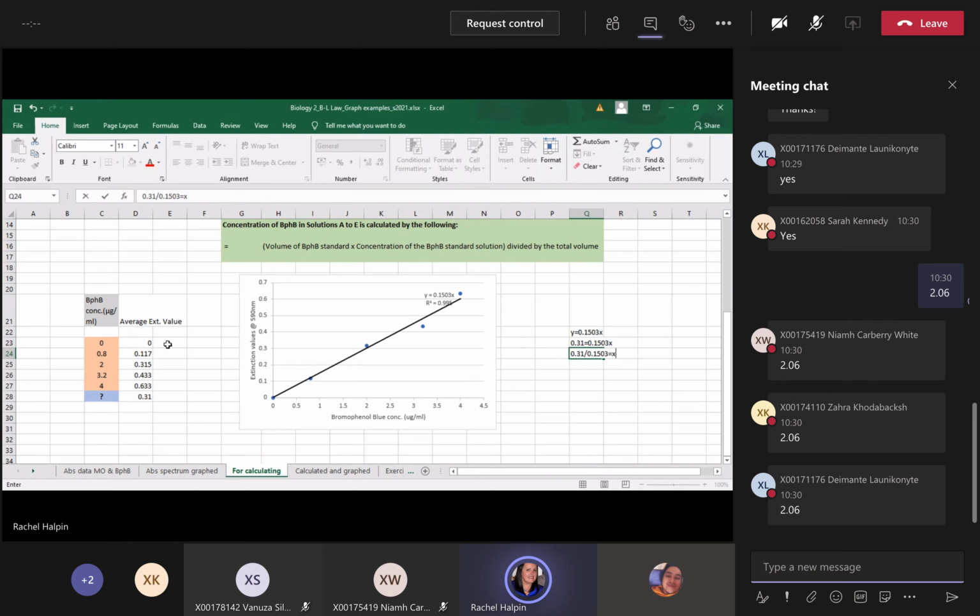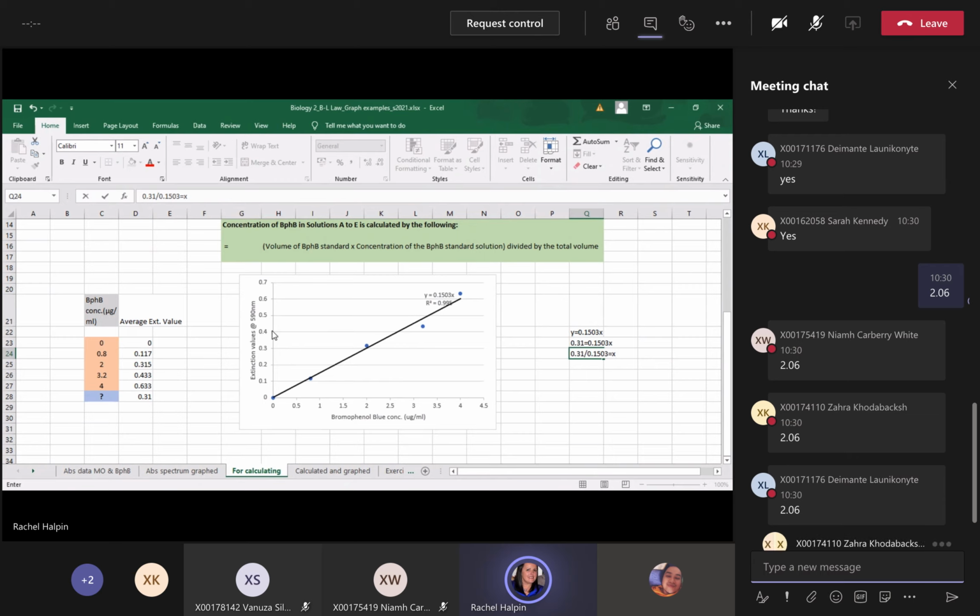So for instance, if the extinction value was 0.4, looking at the graph, what do you think that would correspond to in micrograms per mil of bromophenol blue? Sorry, the extinction value was 0.4.